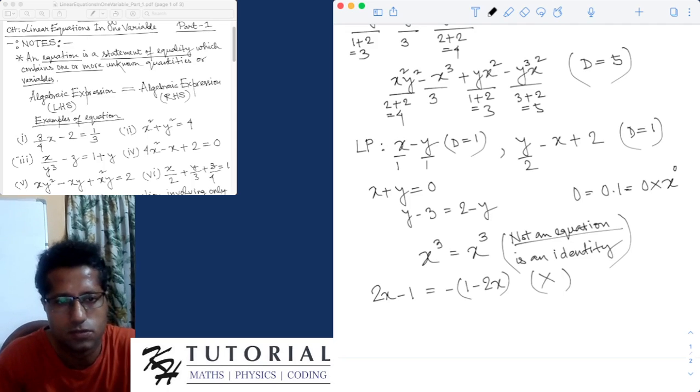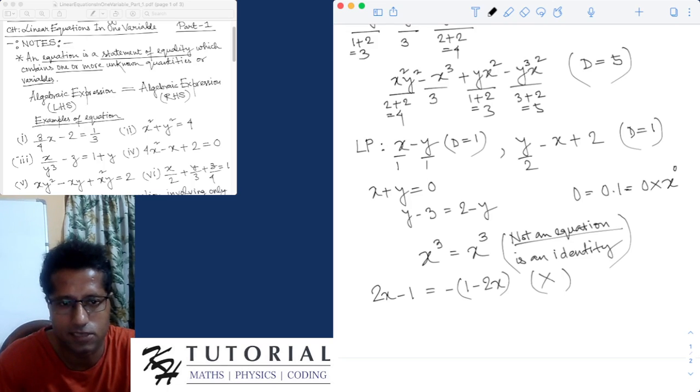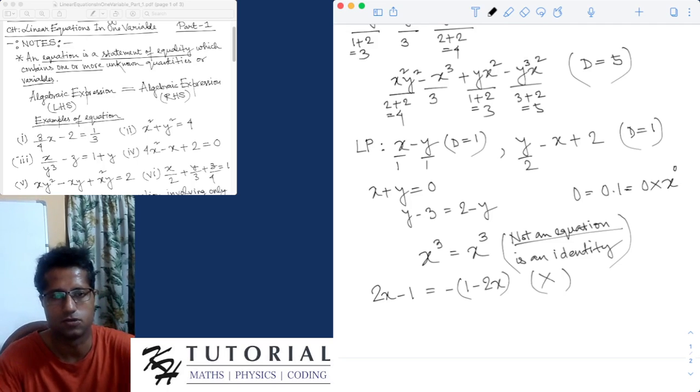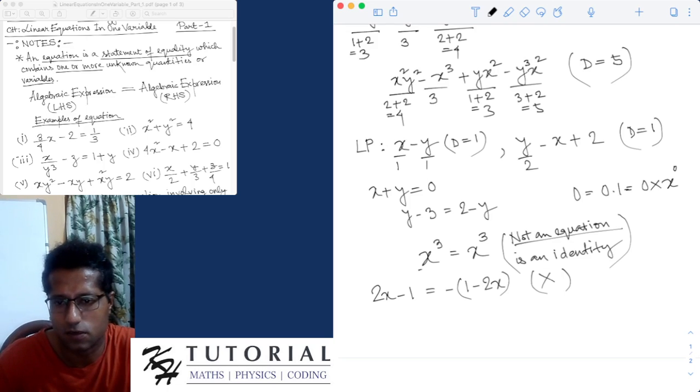Why do we use an equation at all? An equation is used to solve for a variable, to find the value of a variable that satisfies the equation. We will discuss the solution of a linear equation a little later. So this is not an equation, this is an identity.